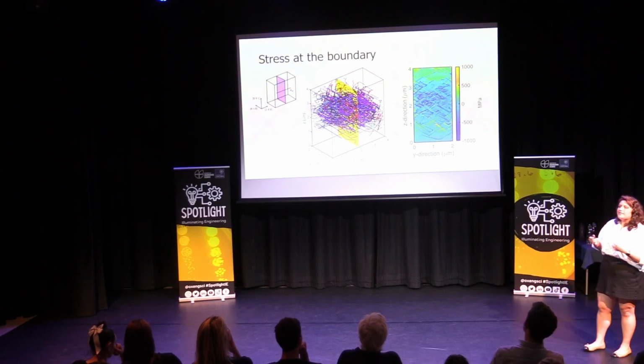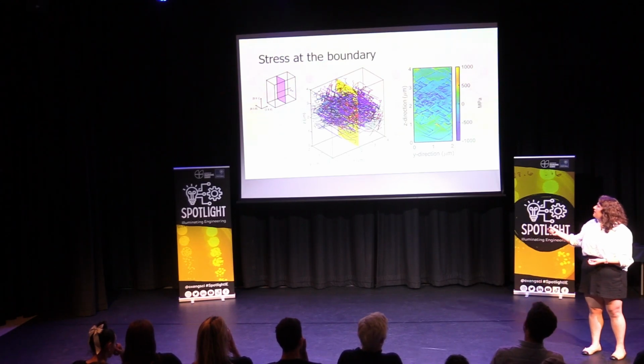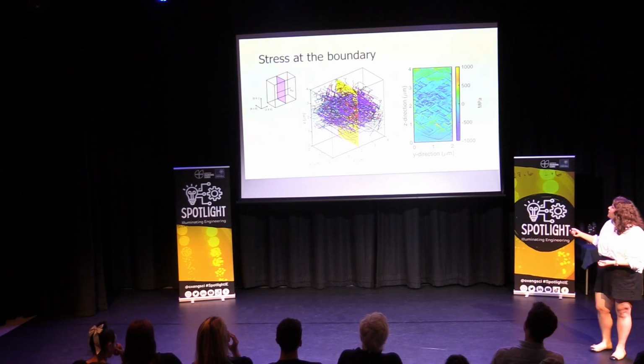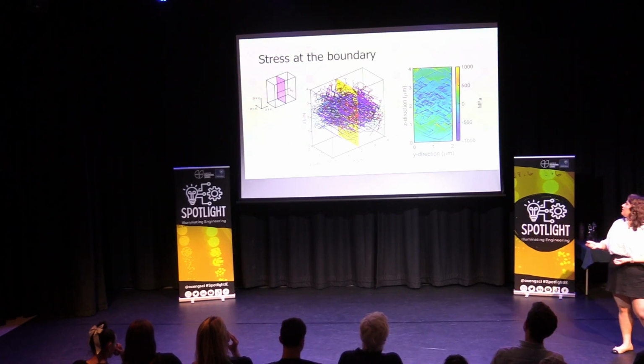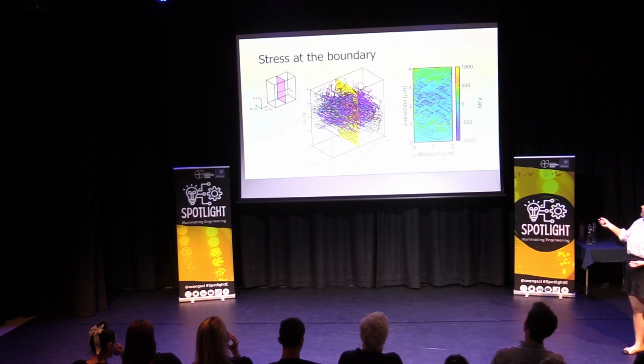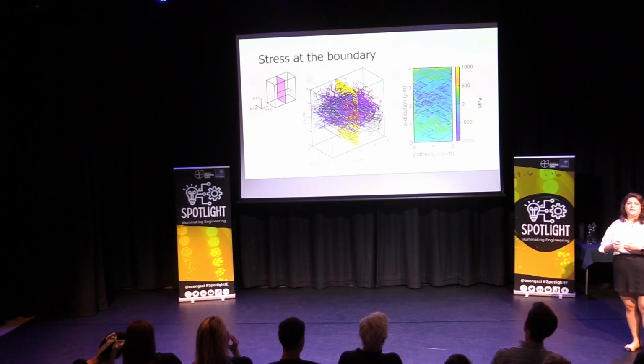Now I'm going to show you the same exact plot that was on the previous page, but I want to show you a little better what exactly is happening at that boundary. The scale bar here, yellow to blue, don't think about it too much. One color means it's being pushed on the boundary from one side, and the other means it's going to the boundary from the other side.